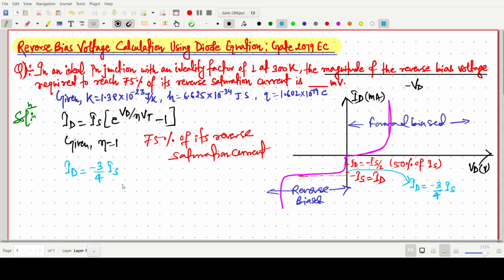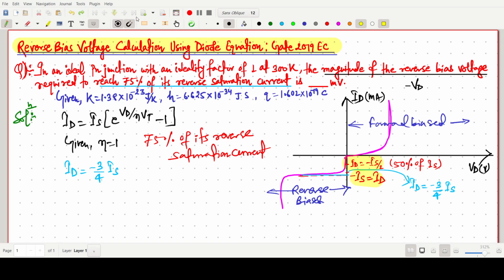That you have to identify: required to reach 75% of the reverse saturation current. So this one is the reverse saturation current, and then in the middle it should be this one. In between there should be 75%, meaning simply 3 by 4.